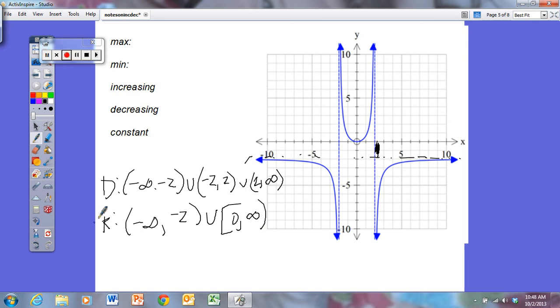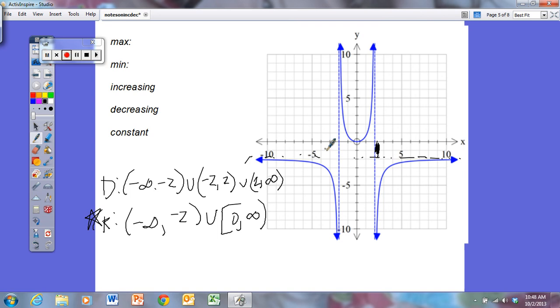Here's a hint. The range is the only thing when you evaluate a function that you write the y values down. Everything else, these are coordinates, these are x values. The range is the only time you ever give the y values. So that's just a little trick. Hopefully you watched the video and you know that. So the range is all the y values from -infinity all the way up to here, because these are asymptotes at -2.